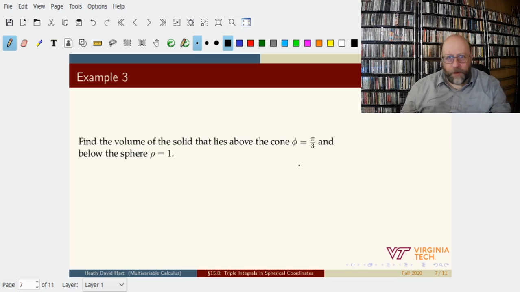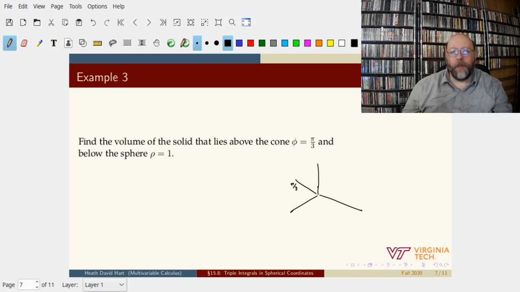So let me draw this shape for a moment. It reminds me of a snow cone a little bit. And I'll show you why in a moment. Phi equals pi over 3 means that from the z-axis we go down pi over 3. But in this equation, there is no theta, so theta can be any value.